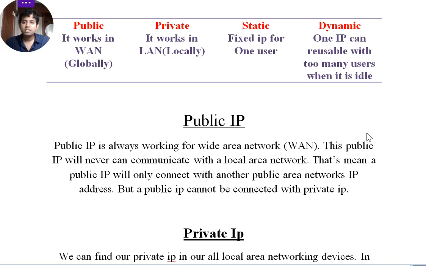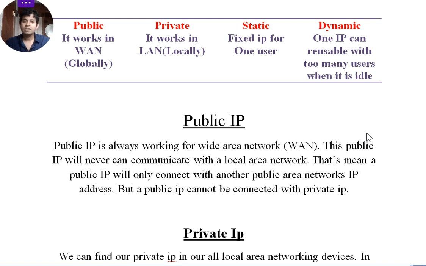But what is public IP? Your router has a public IP, and your ISP service provider has their own public IP. So when you want to access something like Facebook or YouTube, your private IP sends a request data packet through your router.